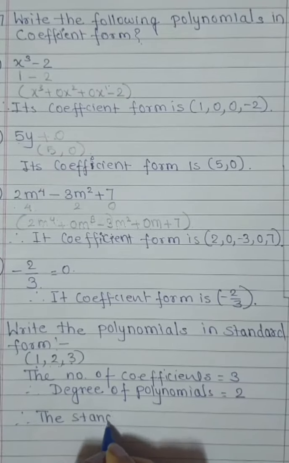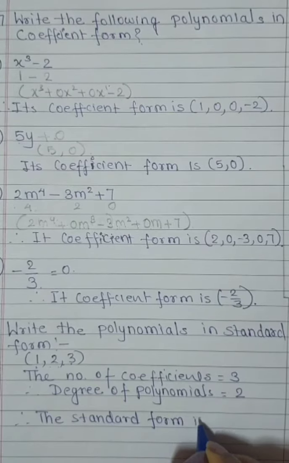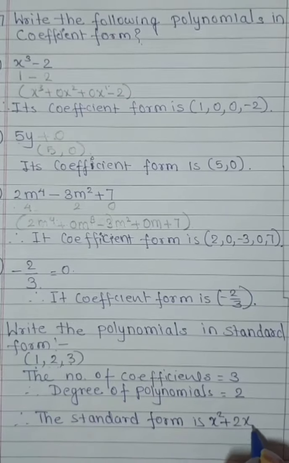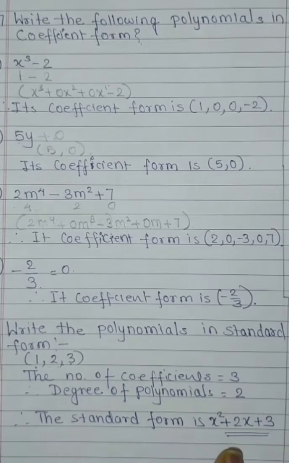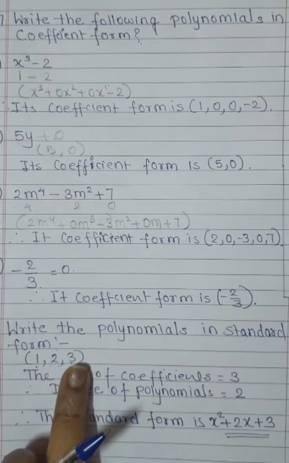The standard form is x² + 2x + 3. This is the standard form of 1, 2, 3.